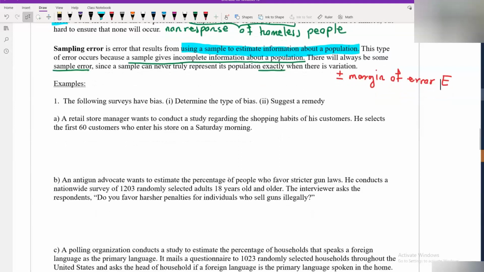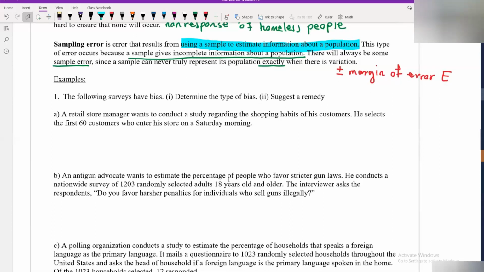Example: the following surveys have bias. Determine the type of bias and suggest a remedy. Part A: a retail store manager wants to conduct a study regarding shopping habits of his customers.